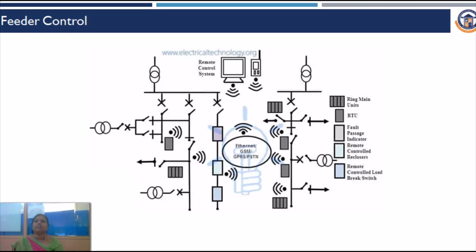Here we are using remote controlled load break switches, remote controlled reclosers, fault passage indicators, the RTU, and ring main units. These are all the feeder equipment which is connected through Ethernet, GSM, GPRS or PSTN, so that the information is communicated to the remote control system through the SCADA buses.